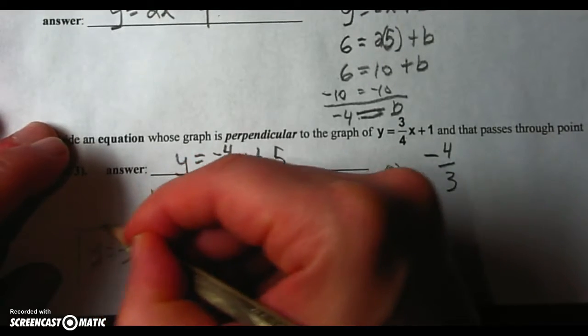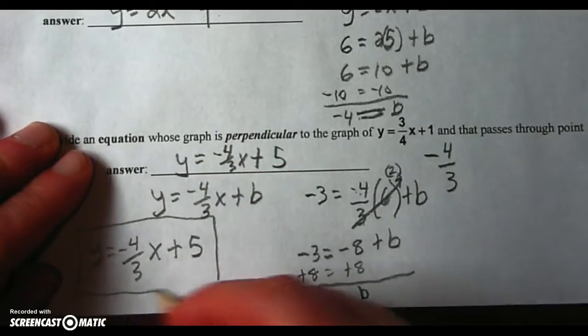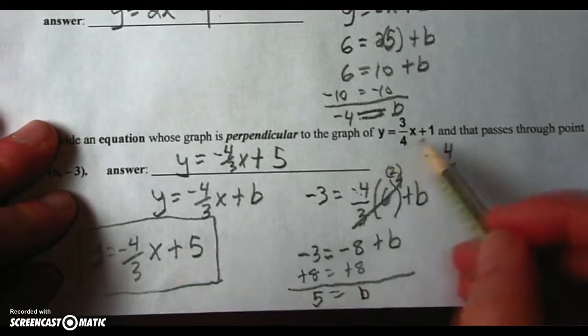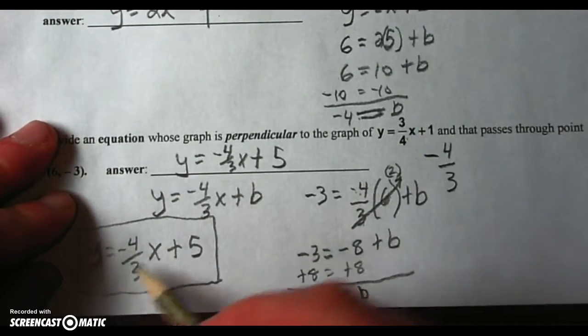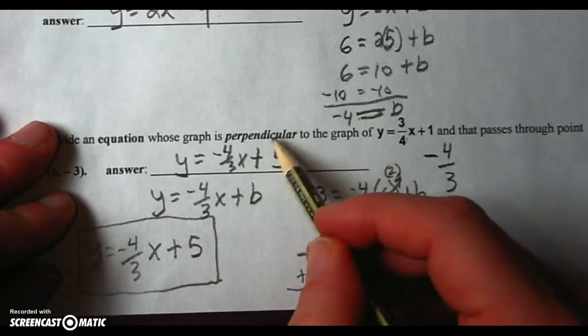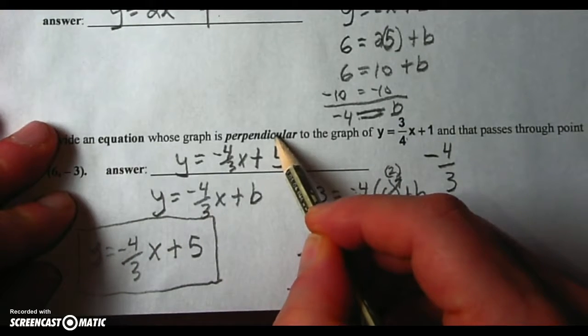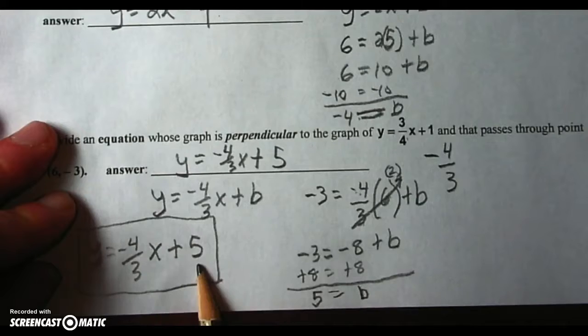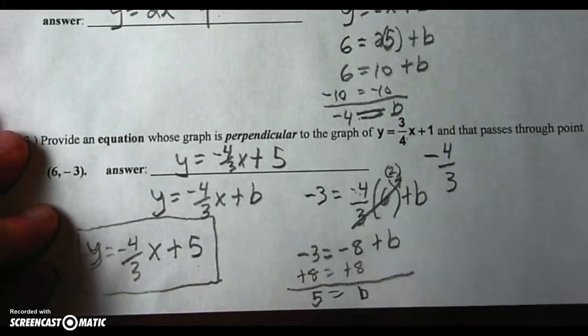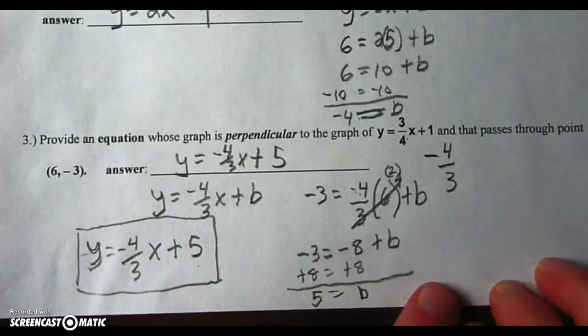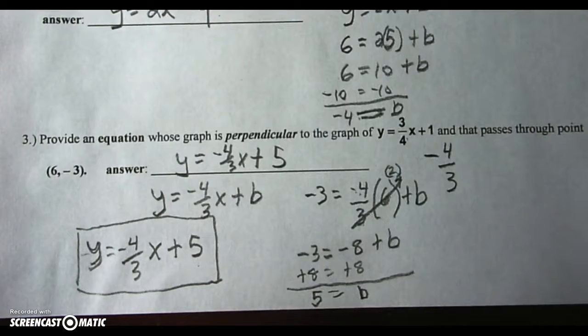Our new slope and our new y-intercept. Look at the slope. It was 3/4. We turned it upside down, gave it the opposite sign. That's what you're supposed to do with the slopes of perpendicular lines. And we gave it the intercept that was required to go through that point. Okay, so that's the end of question number 3.